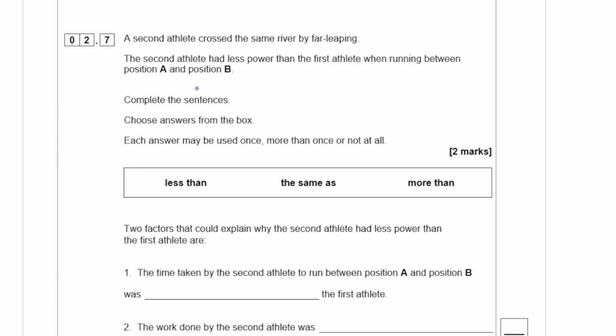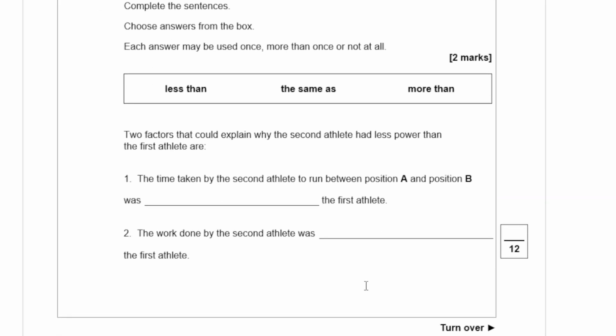A second athlete crossed the same river by far leaping. The second athlete has less power than the first athlete when running between positions A and B. Complete the sentence, choose the answers. Each answer may be used once, more than once, or not at all.